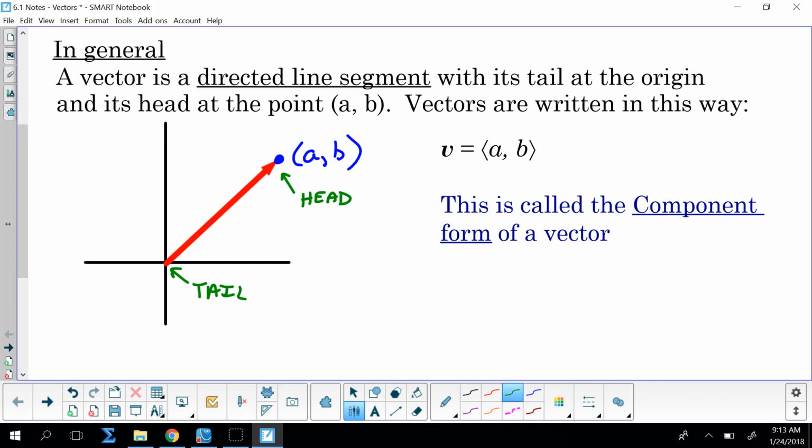Otherwise, it's just a line segment. Okay. And we write it as the vector A, comma, B.